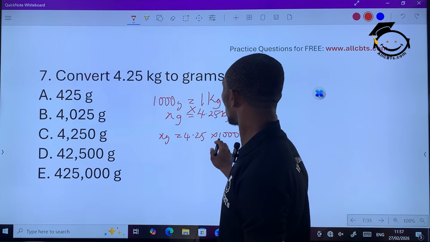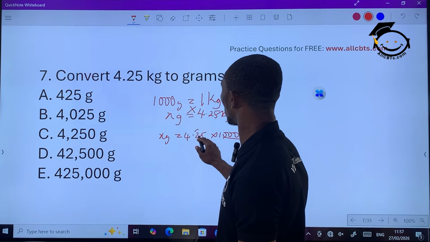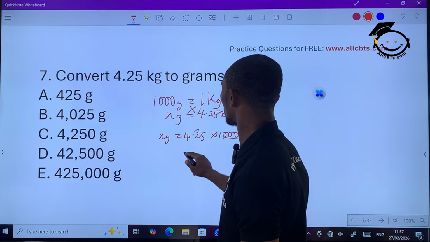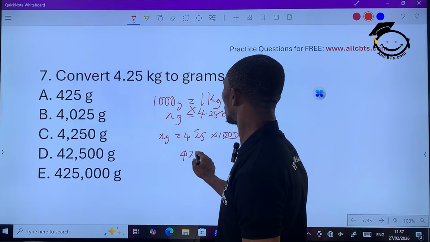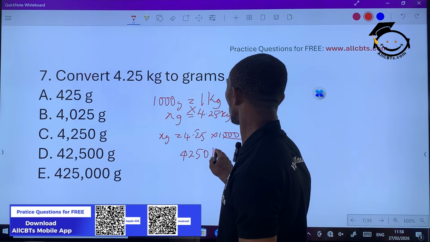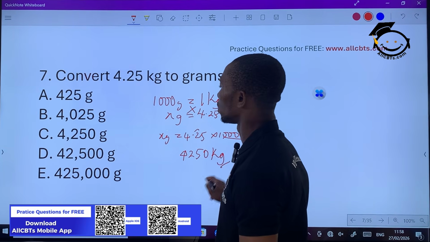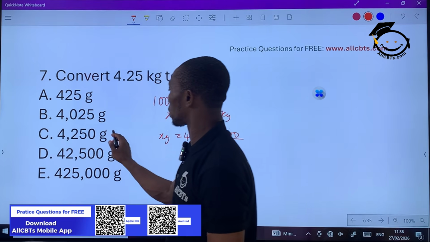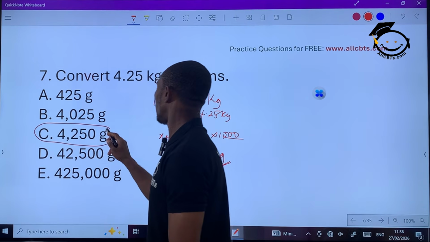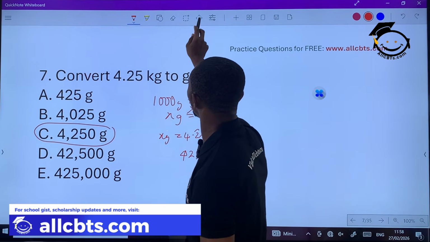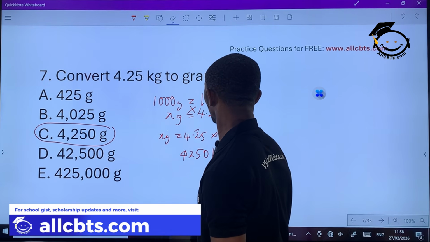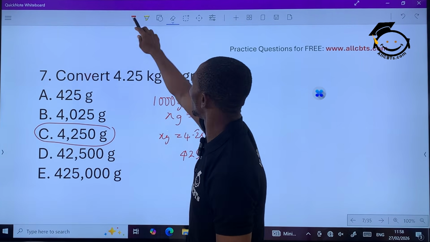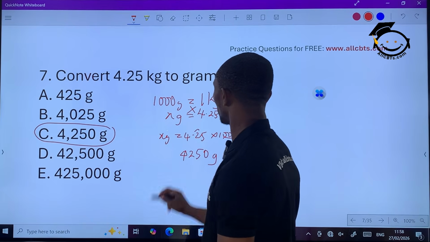Since we have 3 zeros, we move our decimal point 3 times. This gives us 4,250 grams.